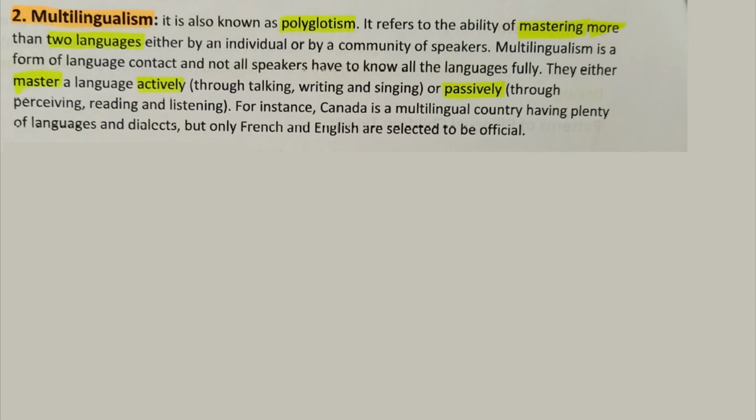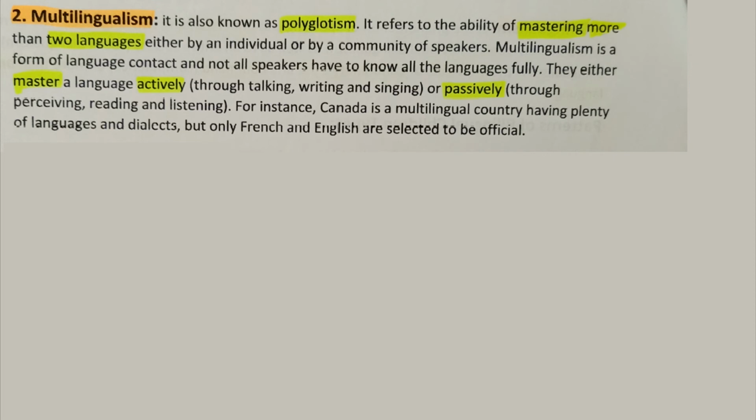Even Algeria is a multilingual country. You have Classical Arabic, the Algerian dialect, you have Tamazight in general, you have Kabyle, you have Shawi, you have Turki. All these are dialects, and they exist within the same country, and you have a lot of people who speak these languages, so the country is multilingual.